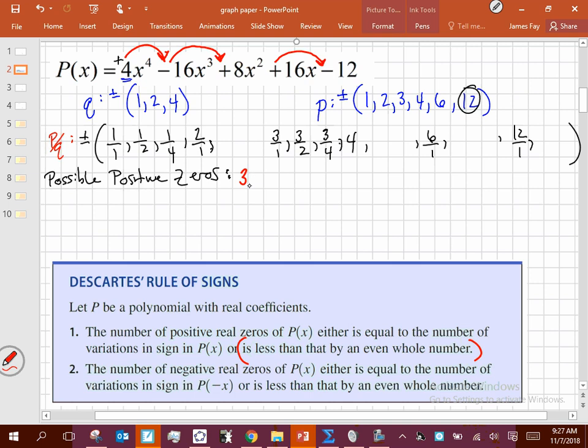So what's the first even whole number that I would reduce that by? 2. You subtract 2 away from it, and you get 1. Now if I keep subtracting 2, that's going to give me a negative, and I can't have a negative number of objects, because that's what a zero is. So I have 3 or 1 positive zeros.